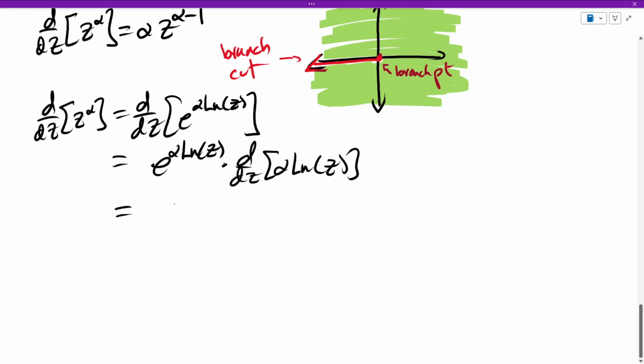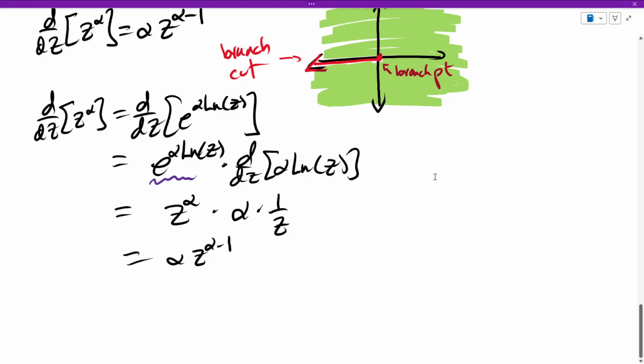So this first part is z to the alpha. That's exactly our definition of z to the alpha. And then alpha is a constant, so it comes out, and that's 1 over z. So we have alpha z's, and we have a negative 1 z for a total of alpha minus 1 z's.